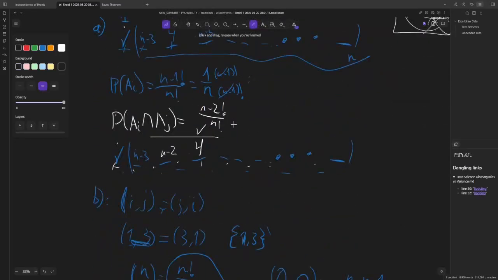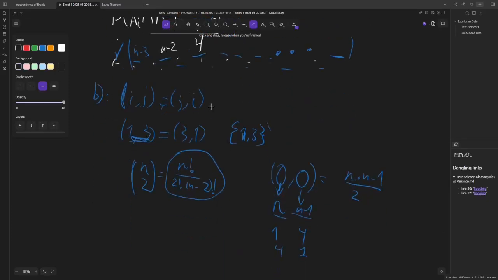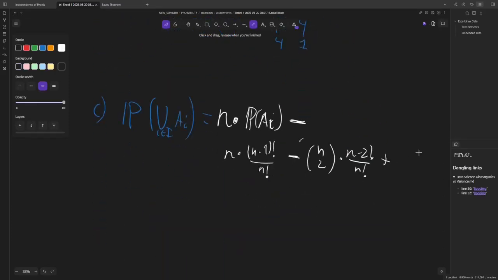The probability of 1 follows the same idea. You fix 3 keys, and you permute the rest, which is n minus 3 factorial over n factorial, and you choose 3 from n, and so on and so forth.